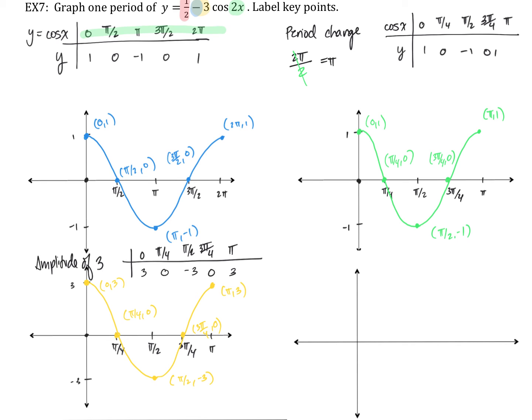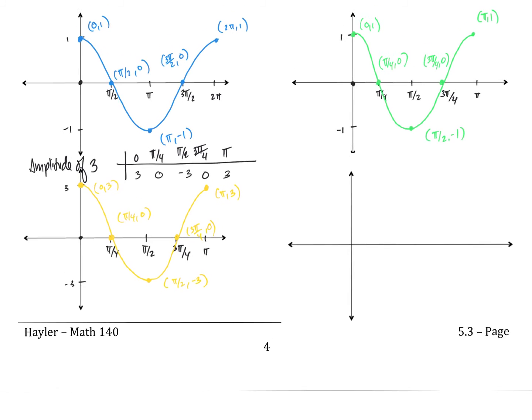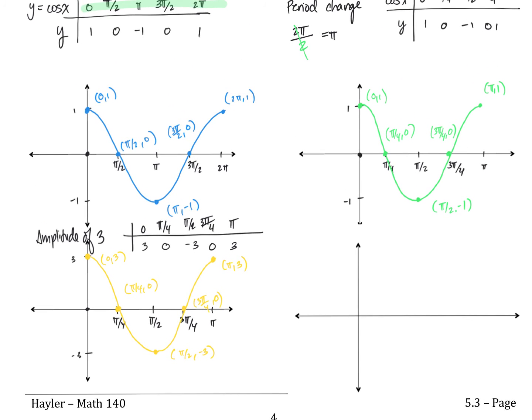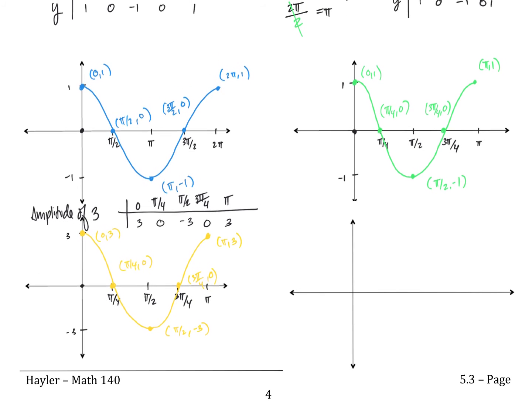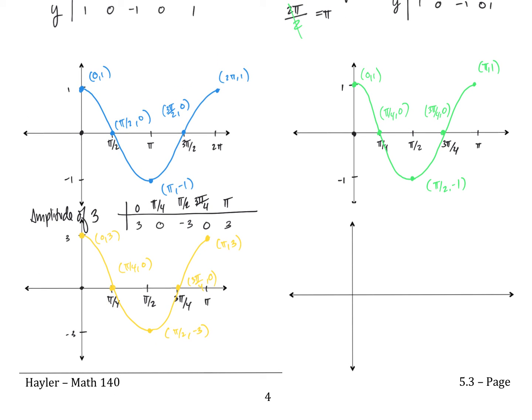So now the next thing we have is a reflection about the x-axis. So reflecting about the x-axis, what we're going to do is multiply the y values by negative 1. What I just realized, I do not have enough room here for all of my graphs, so I'm going to have to squish the reflection onto the other one right here.